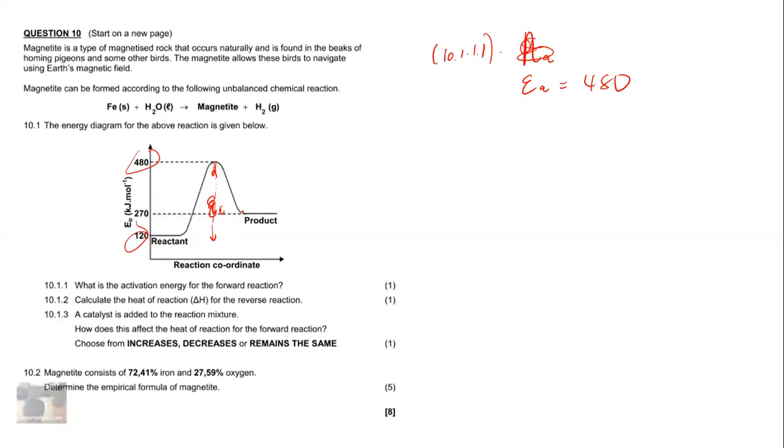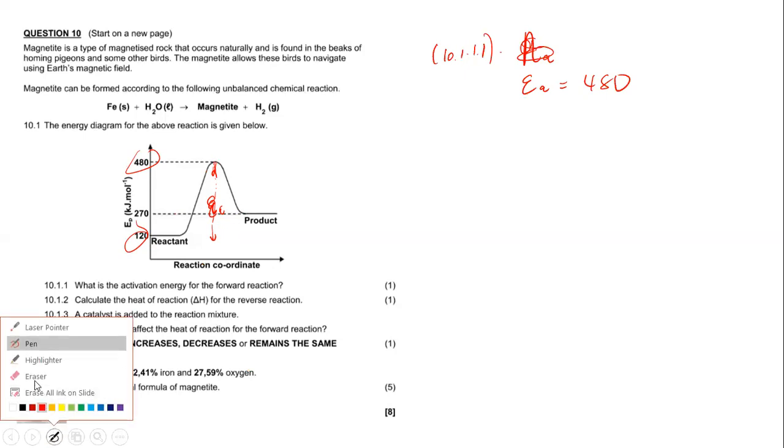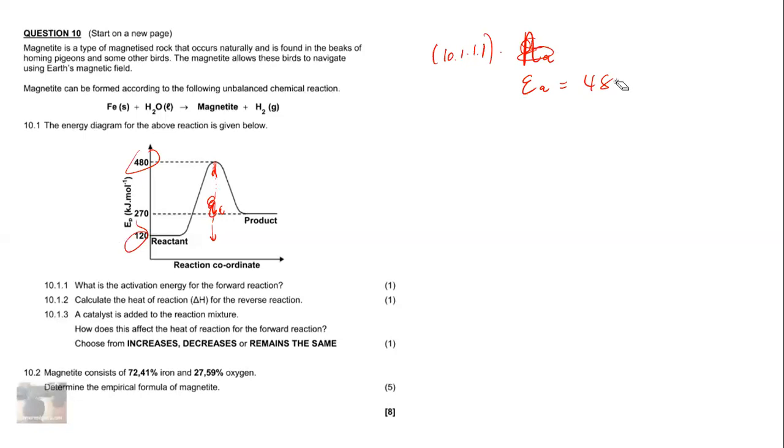That's the activation energy. So meaning energy of the reactants minus activated complex. Okay, you can write it even in formula to show your teacher that you know your stuff, but you don't have to. It's just for 1 mark. You can just say 480 subtract 120. It is still fine. But because you are my learners, I want you to know your stuff.